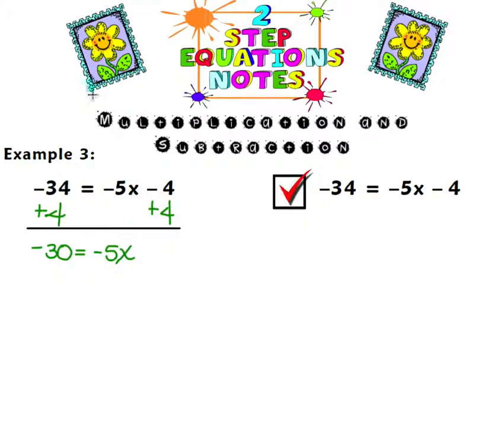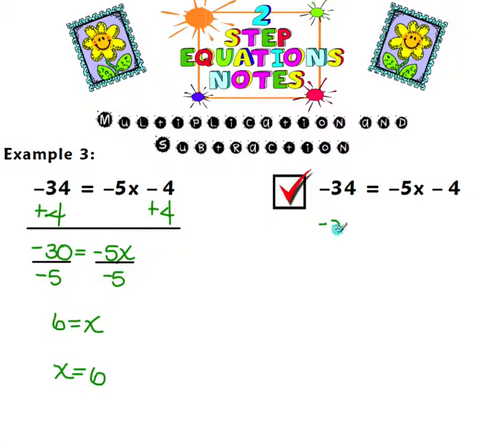We need to undo that multiplication, so we are going to divide. We're dividing by our coefficient of -5. Negative 30 divided by negative 5 is a positive 6. And we're left with x, so x equals 6.